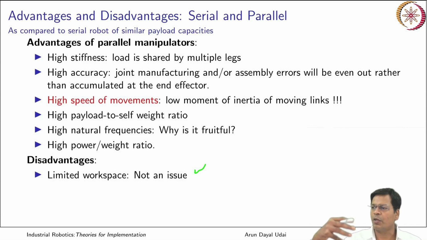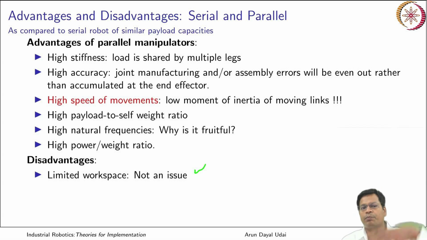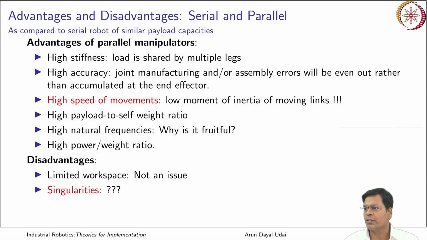Okay, you mount your robot in a proper location, you can very well create a very good workspace. Sometimes it is preferable to put this robot inverted and you have huge free space at its bottom. Okay, at the base you see it has a free space where you can manipulate its end effector. So that is not much of an issue here.